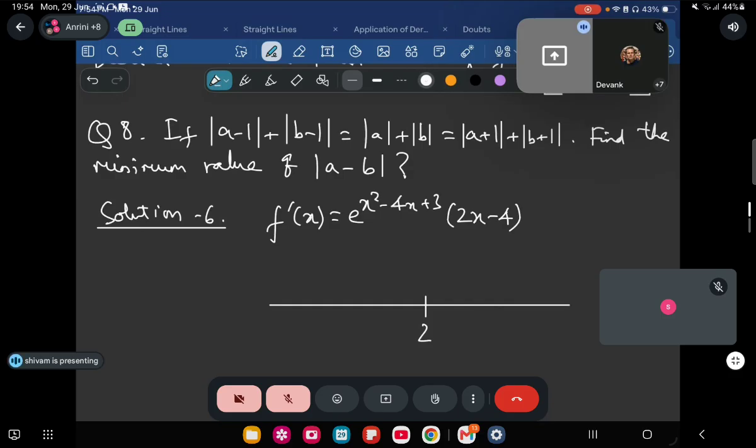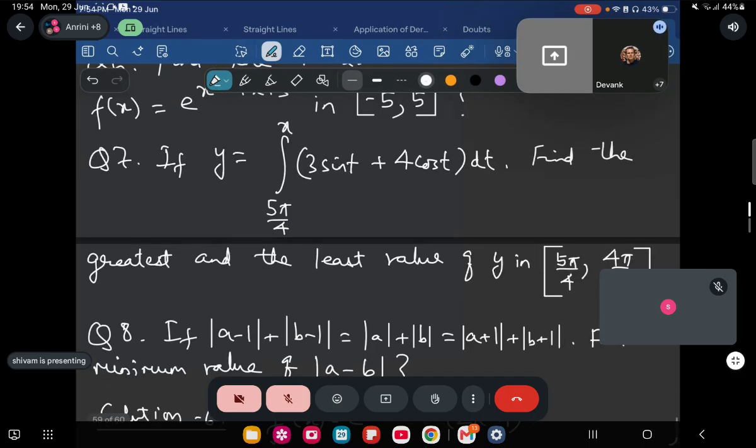Before 2, it is increasing or decreasing? Yes, Devang, tell me. For question number 7, can the least value come in terms of roots? Maybe.